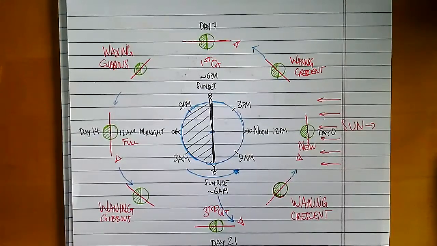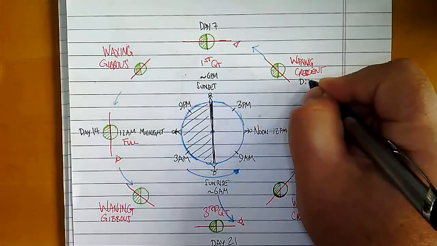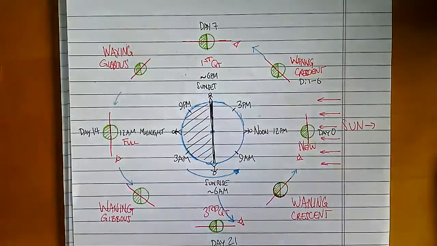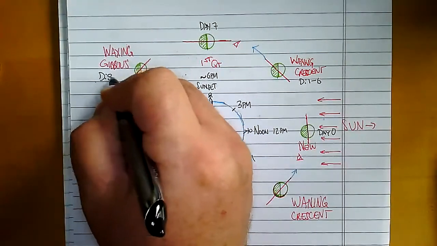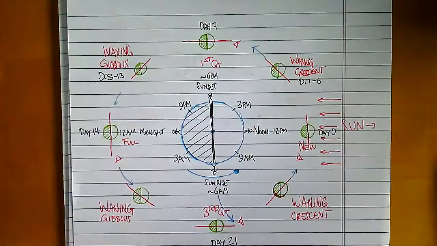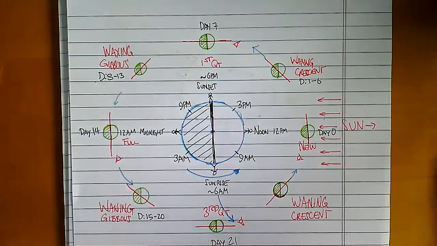Okay. So that means this is days 1 through 6. This one has days 8 through 13. This one has days 15 through 20.